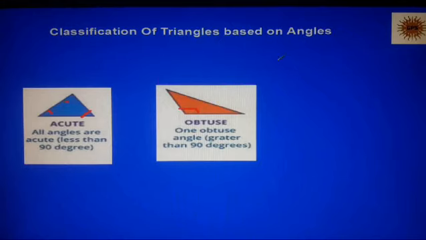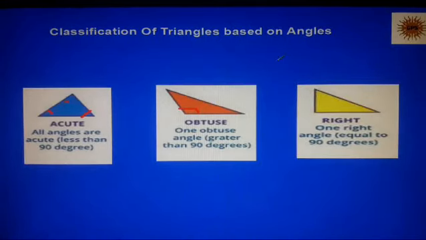Then the third one is the right angle triangle. A right angle triangle is a triangle in which one angle is 90 degrees. And here we can see that this angle is 90 degrees, this one. So the triangle in which one angle is 90 degrees is a right angle triangle.